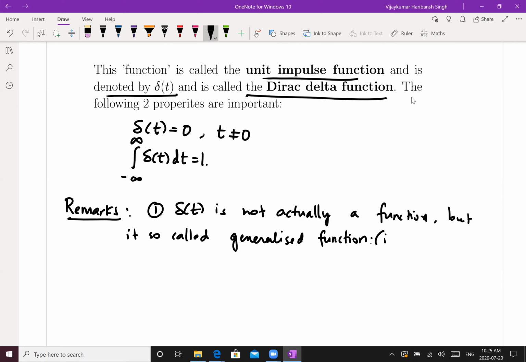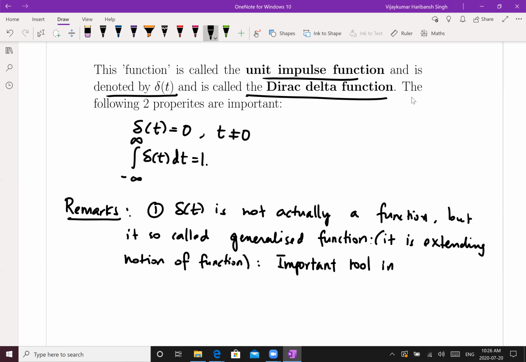That is, it is extending the notion of function in one sense, right? Now note that it's an important tool in applied math. It's an important tool in math and engineering.